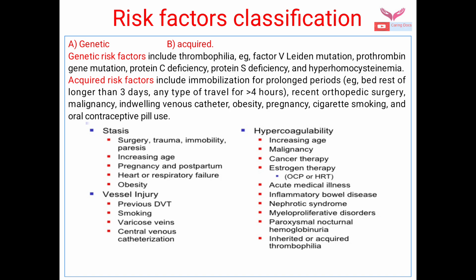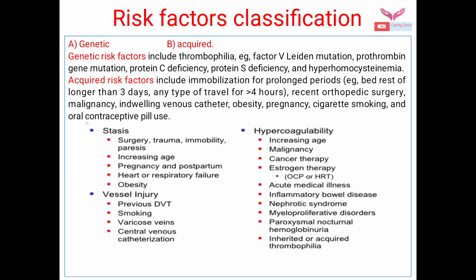Risk factors can be classified as genetic or acquired ones. Genetic risk factors include thrombophilia, for example, factor 5 Leiden mutation, prothrombin gene mutation, protein C deficiency, protein S deficiency, hyperhomocysteinemia.